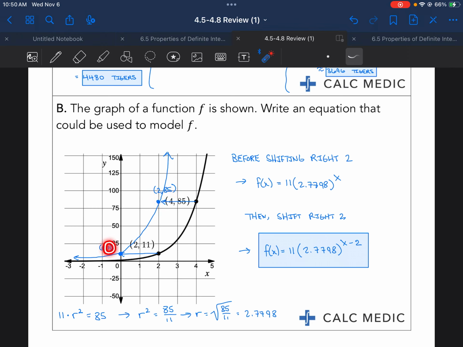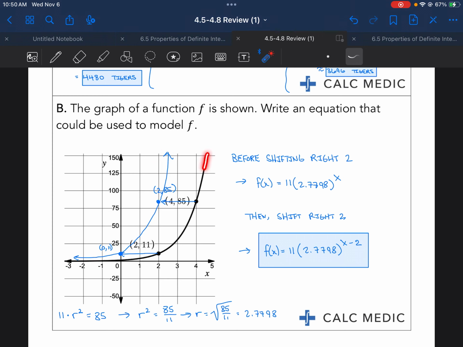So that's saying 11 times 2 common ratios, that times r, or times r squared, would get us to 85. Divide both sides by 11, take the square root to get rid of the power 2, and we get 2.7798. Okay, so before shifting to the right 2, this function that I have here in blue, this equation models that function.